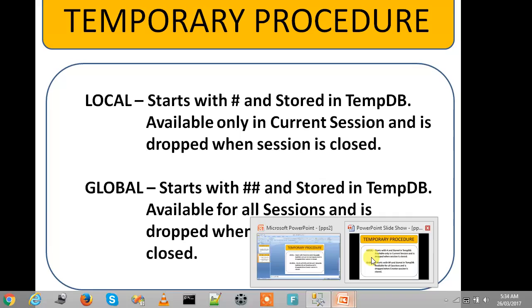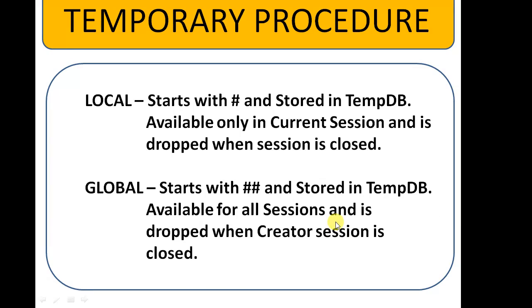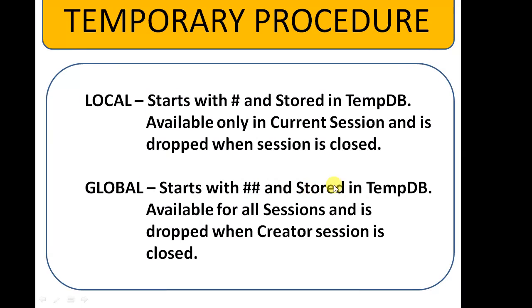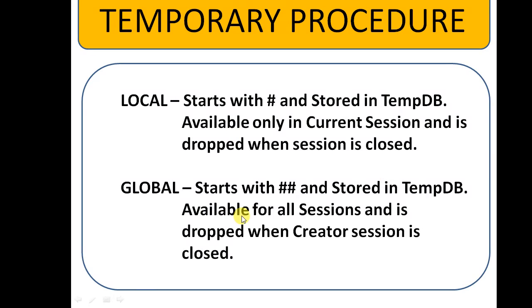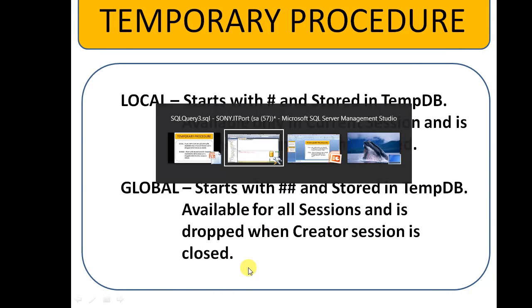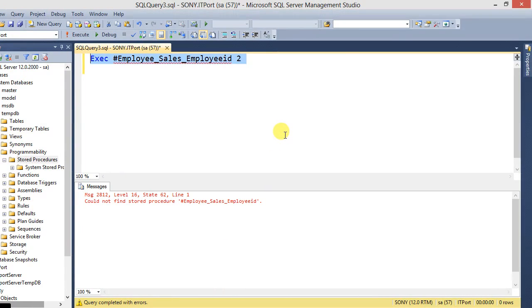Okay, the second one is the global temporary stored procedure. It starts with a double hash and is stored in TempDB like the local temporary procedure, but this is available for all sessions and is dropped when the creator session is closed. Let us check by creating that same procedure. Create procedure with double hash employee sales employee ID, global.